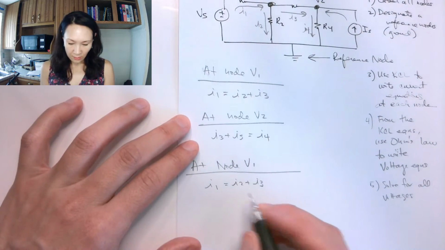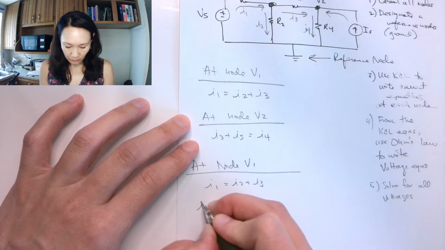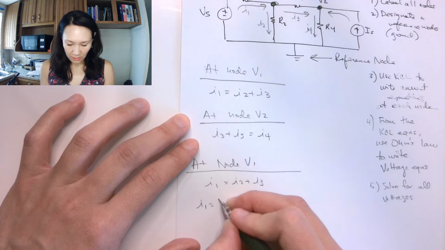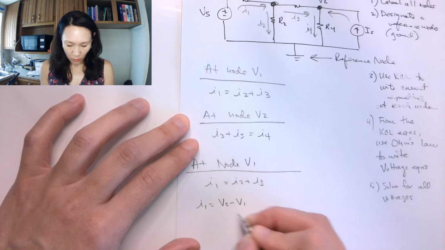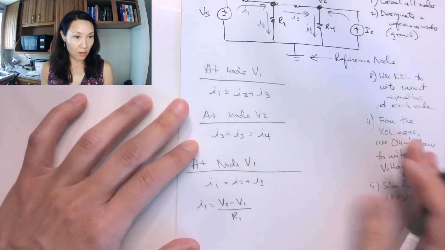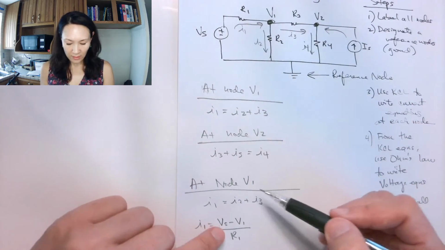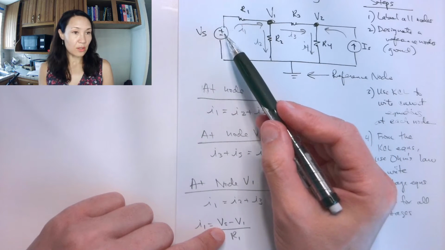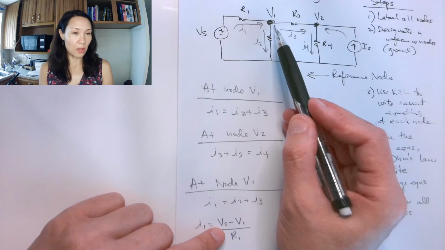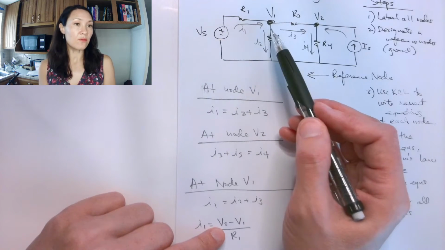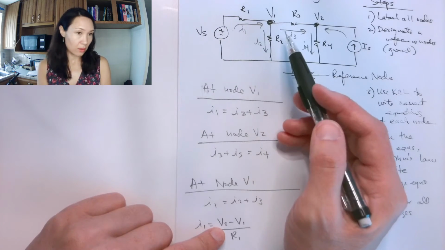Okay, so I have that I1 is equal to VS minus V1 over the resistor between, R1. The reason why I'm doing VS minus V1 is I'm starting from the higher potential and going to the lower potential, and basically we're just going to follow the direction of the arrow that our current is going.